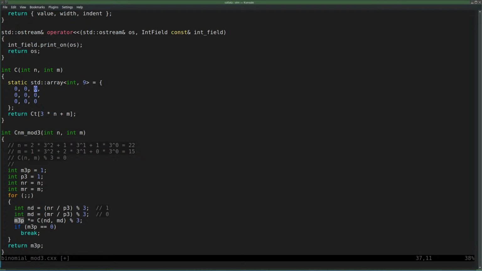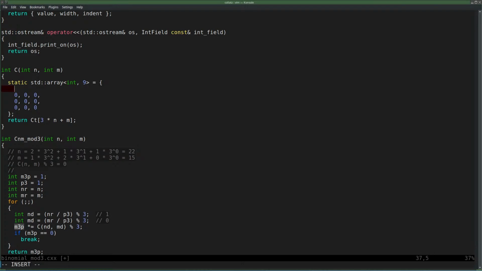And then the first row, I mean, this is just m equals 0, 1 and 2. And this is n equals 0.